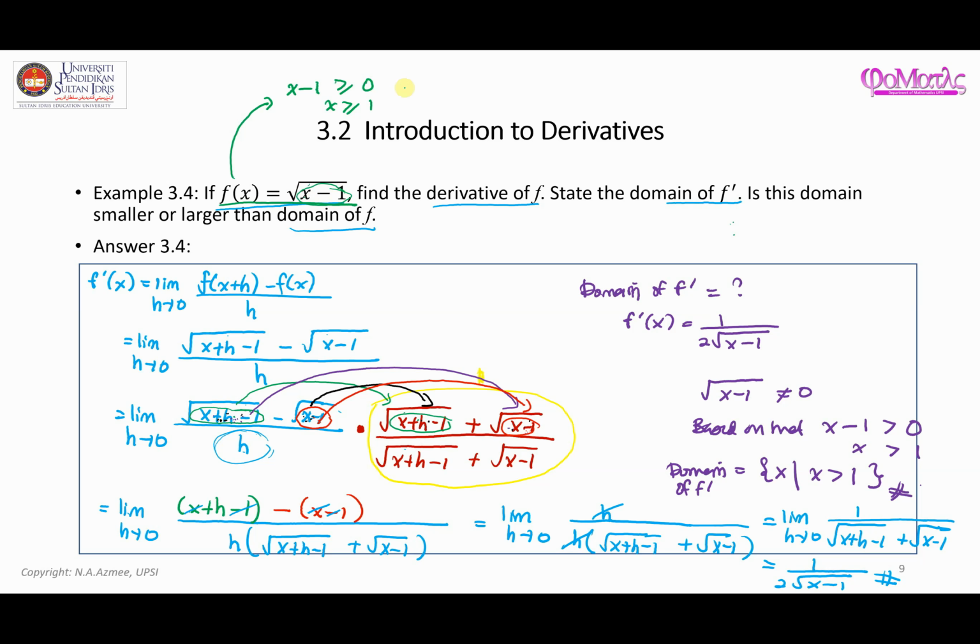So the domain of f of x is x, where x is greater than or equal to 1. And based on the answers given here, you can see that the domain of f prime is smaller than the domain of f. So the answer here is therefore the domain of f prime is indeed smaller than the domain of f.